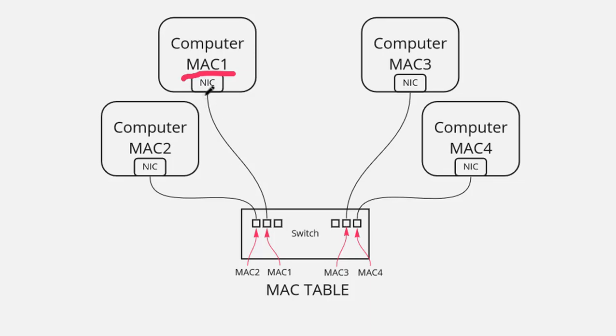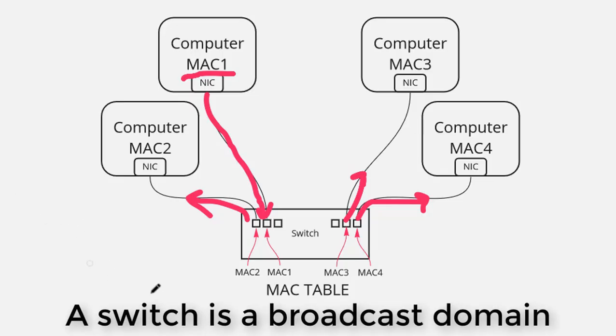Well, there's a special MAC address called the broadcast address. So if this computer generates a broadcast, that broadcast will be flooded out every single switch port. And so when we think about a switch, every single port is its own collision domain, but the entire switch is a broadcast domain, unless we're separating it using VLANs. And again, that's a topic we'll talk more about later on.